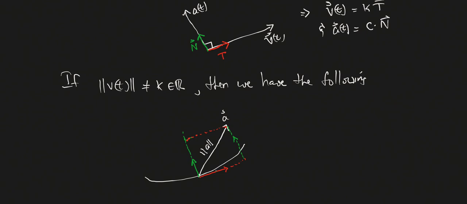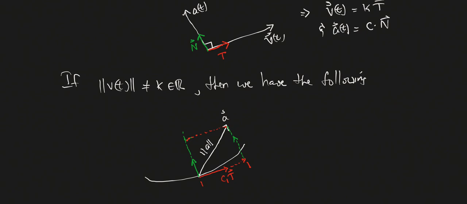So let's say that this length here is some constant times T, because here's my unit tangent vector T. So that vector is a constant times T, and then this vector is another constant.